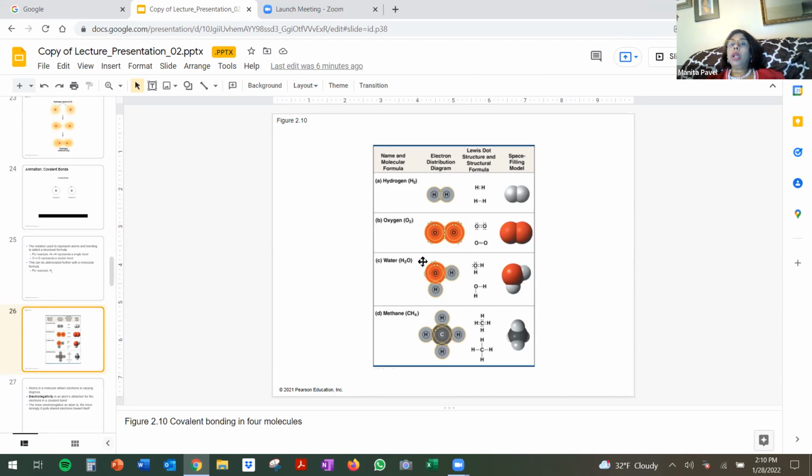And here we are going to see that because hydrogen is sharing, and electrons are negative, oxygen has a negative charge. It's more electronegative than hydrogen.